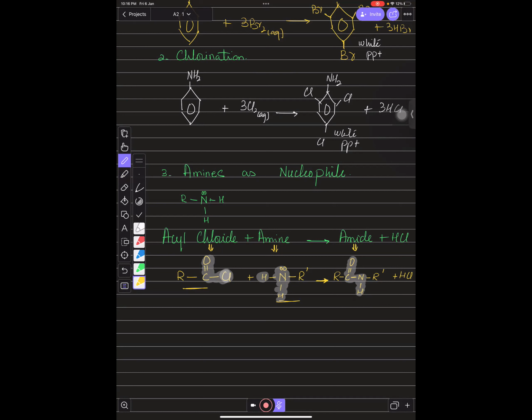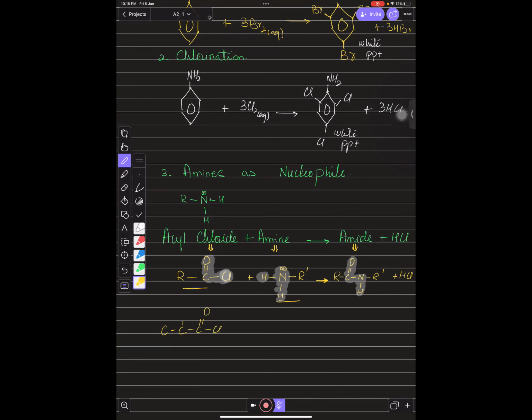This is amide linkage. Okay, so you can have an example of this, right? Suppose you have acyl chloride with 3 carbons, right? So this is 1, 2, 3.